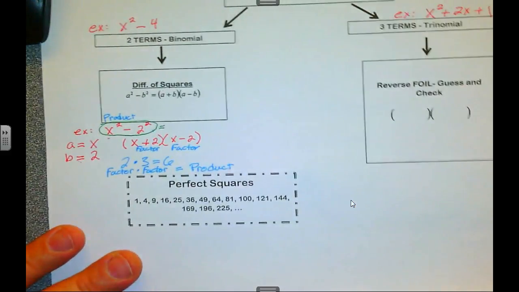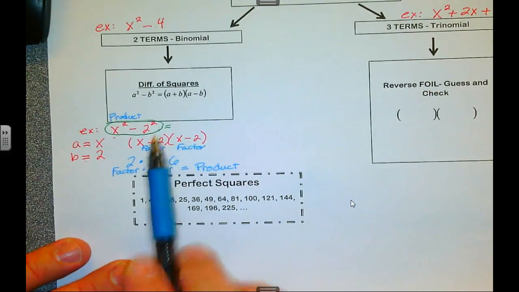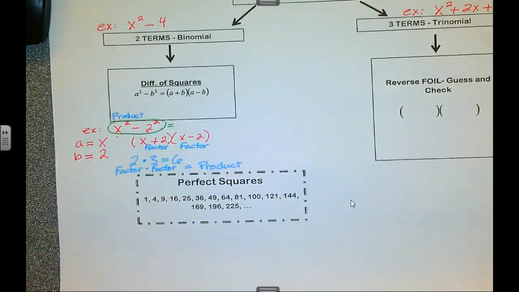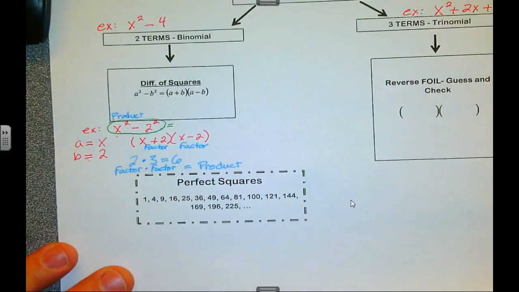So I could always check myself. I could multiply this factor by this factor. Does it equal my product? How do I multiply a binomial times a binomial? I can always check to see if I factored something right, because if I multiply these two together, it better be my product.